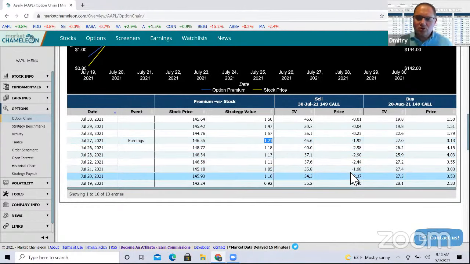earnings. So the idea behind this is you find something of interest, where something happened around these dates. It doesn't have to be an event.